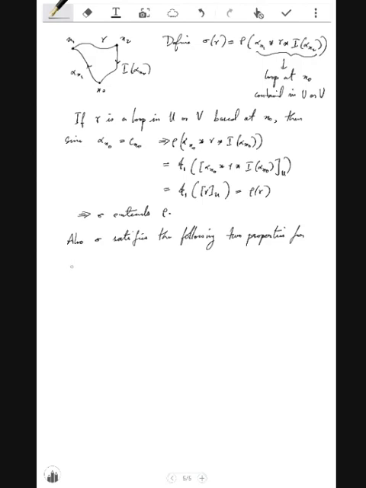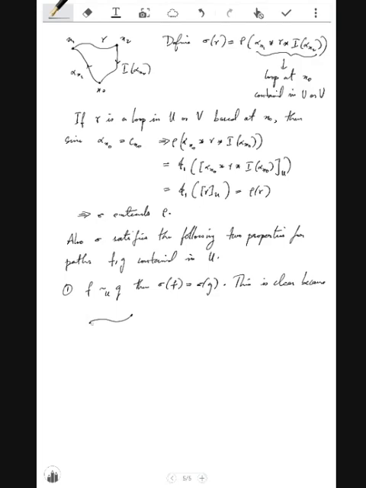For paths F and G contained in U or V, the first is: if F is homotopic to G inside U, then sigma F is equal to sigma G. This is clear because we have F homotopic to G, this x1, this x2.